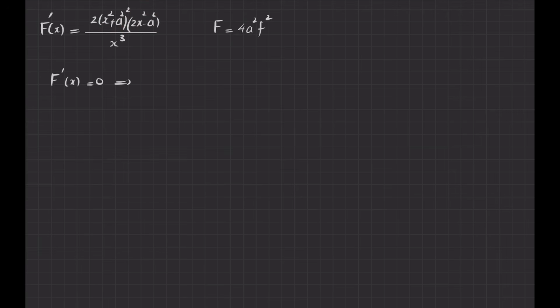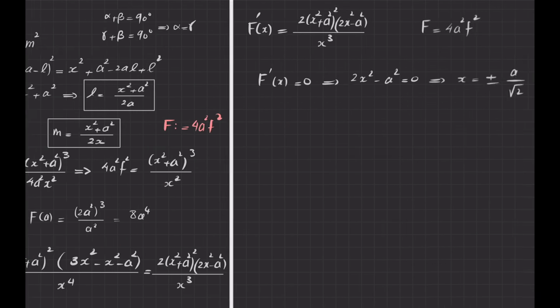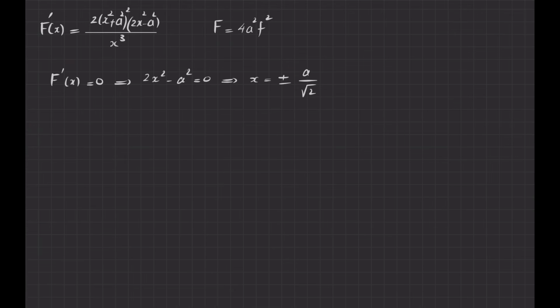So this means that 2x squared minus a squared is 0, and from here you get two answers, plus or minus a over square root of 2. But of course the negative one is not acceptable, because if we go back, you see that x should be somewhere between 0 and a. So the negative sign is not acceptable, and the positive sign is acceptable: a over square root of 2.